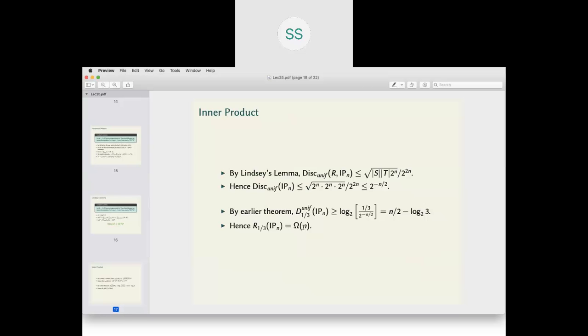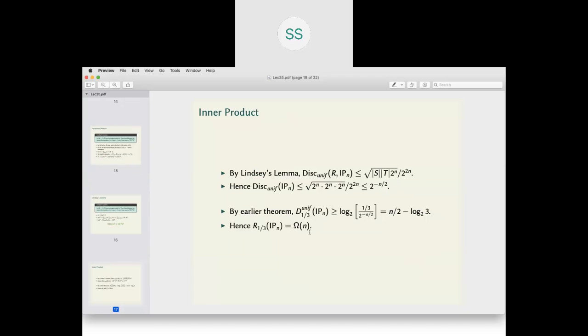And this is at least linear, because here we have n by 2. And the model with private randomness is actually worse than public randomness, because you can always simulate private randomness in the public randomness. So the randomized complexity in the private randomness as well is at least linear.